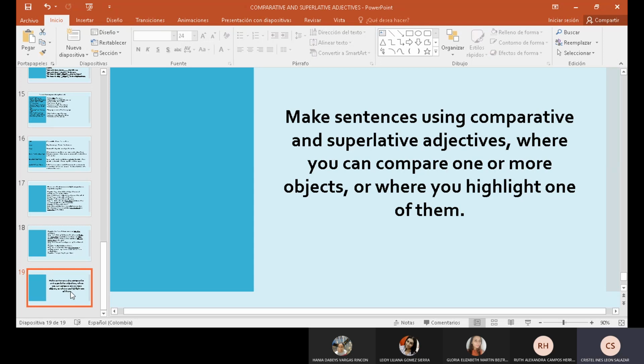Para hacer las oraciones comparativas, pues comparan uno o más objetos. Y para las oraciones superlativas, donde resalten lo más importante de ellos. Is the fastest, es el más veloz, is the tallest, es el más alto. Okay, you highlight one of them. Okay, students, you have 4 minutes for that exercise.